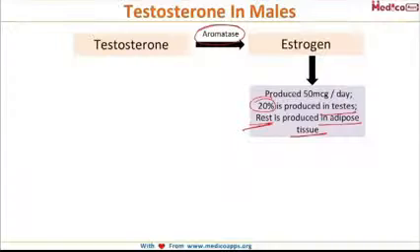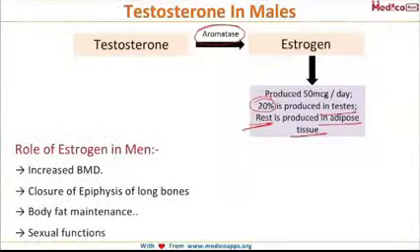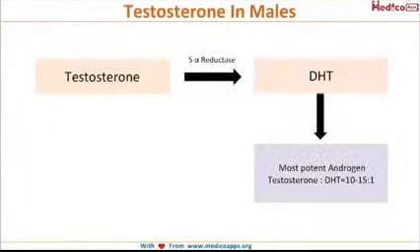Now why is this estrogen produced in males? It has certain functions. This estrogen increases the bone mineral density. It causes the closure of the epiphysis of the long bones, and helps in body fat maintenance and sexual functions. Now we said that testosterone is also converted into dihydrotestosterone. So what is the enzyme involved in that? It is 5-alpha reductase.